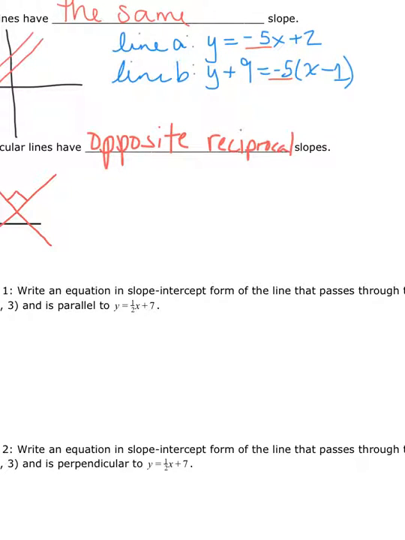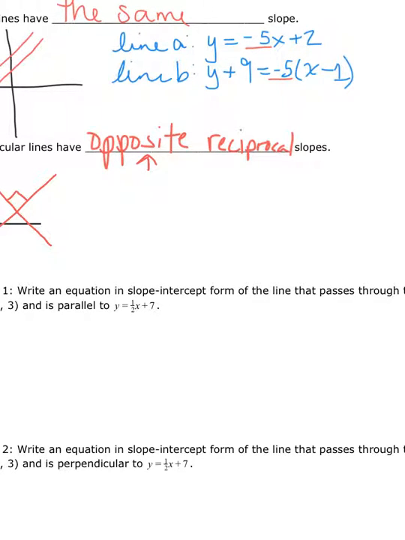What kind of slope does that new line have? Negative. That's a negative slope, right? That's where I get the opposite from. If one slope's positive, the other slope has to be negative. And then reciprocal, we said it just a second ago.